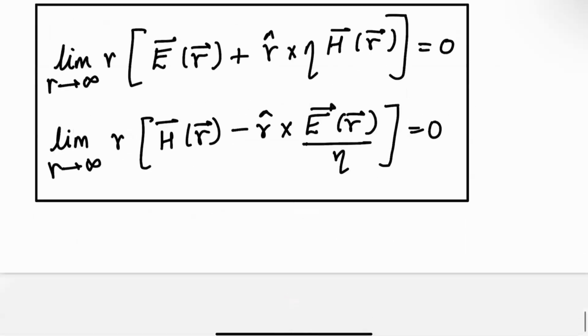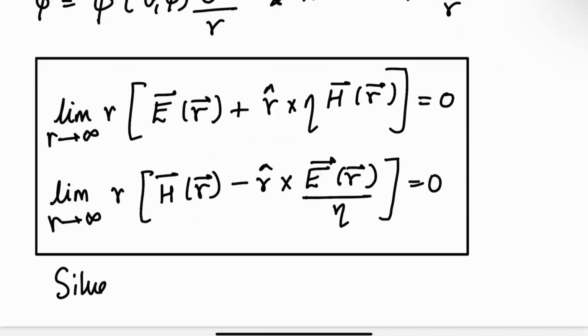Okay, so these are sometimes called the Silver-Mueller absorbing boundary condition.